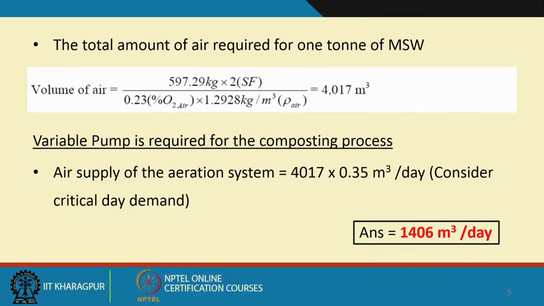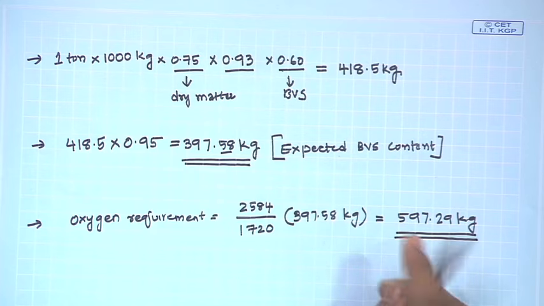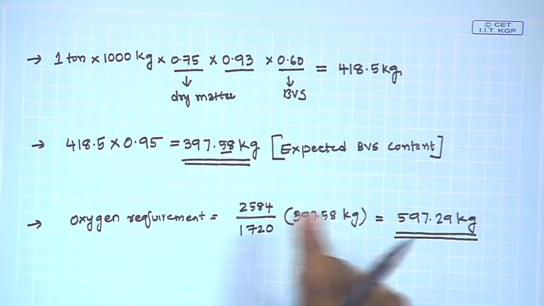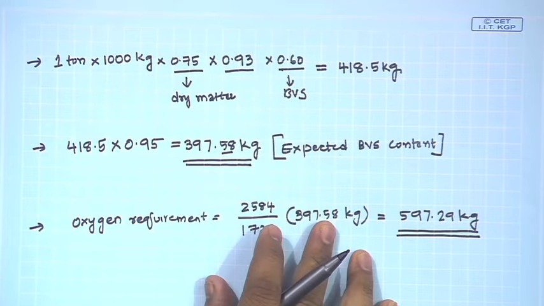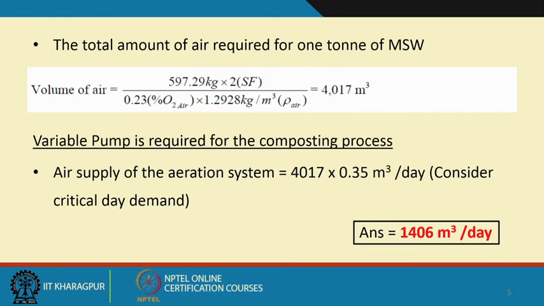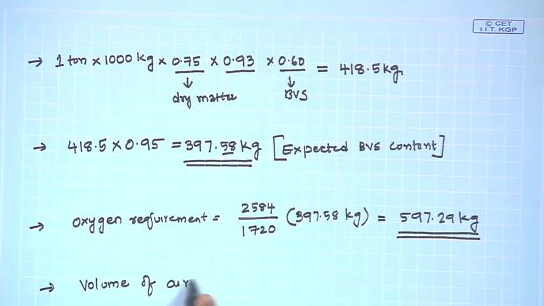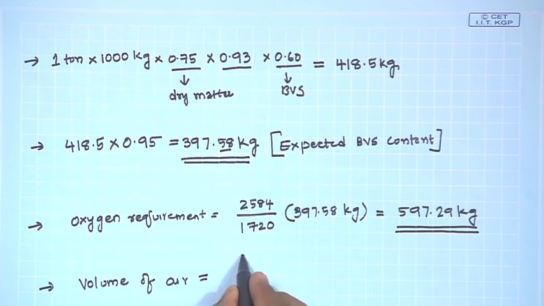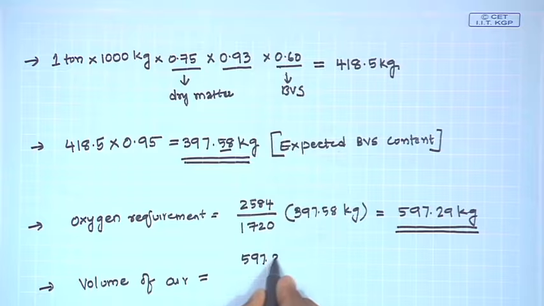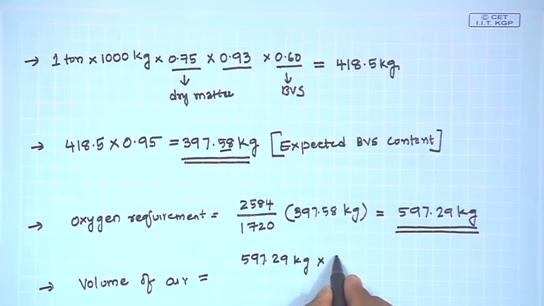After calculating the total amount of oxygen, we will calculate the total amount of air required for 1 ton of municipal solid waste. In the PowerPoint we can see the volume of air calculation. We first take the total oxygen, 597.29 kg, multiplied by the safety factor.